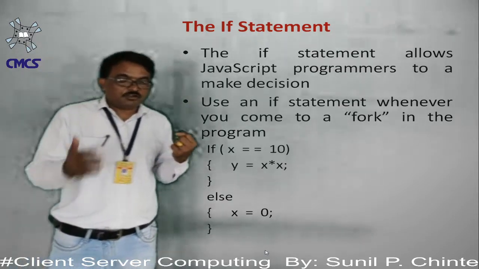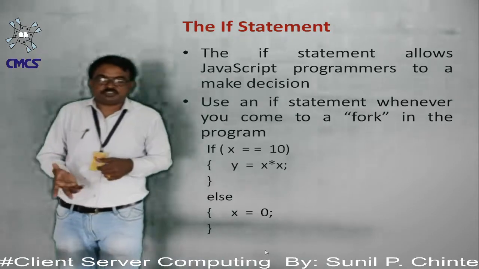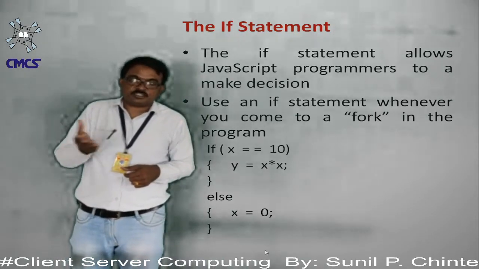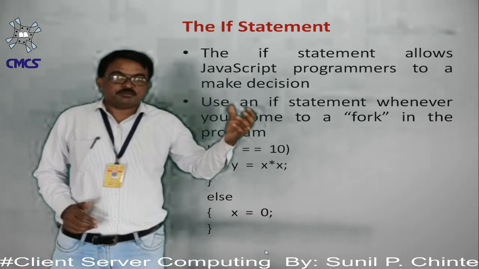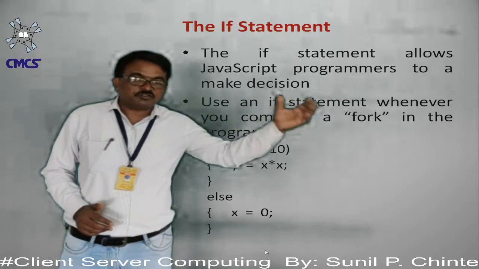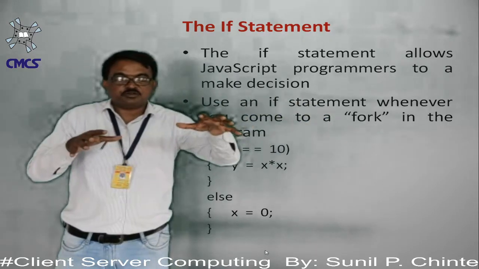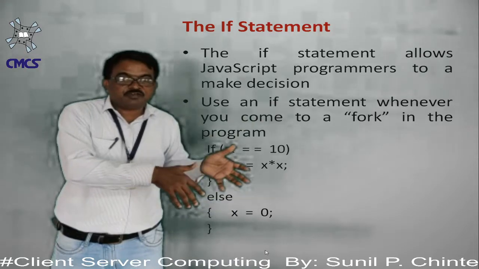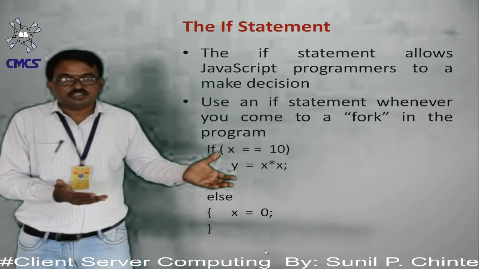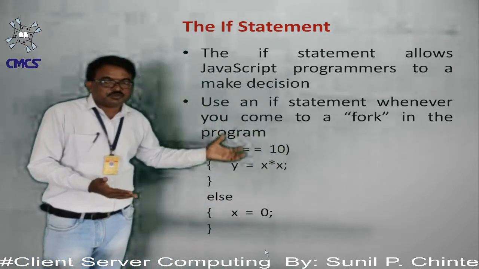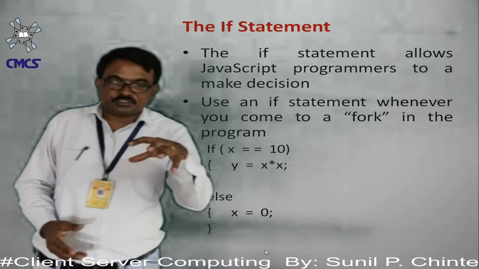Suppose you want to determine whether a number is even or odd. If you have to design a program that checks even and odd, for example, is 7 even or odd, then you have to check the condition: if number mod 2 equals 0, left hand side equals right hand side. If this condition is true, then the block will be executed. Will 7 mod 2 equals 0 be true? Obviously not. That's why the if block is not executed, so the else block will be executed. In the else block we wrote, it's an odd number. So this is the if statement.